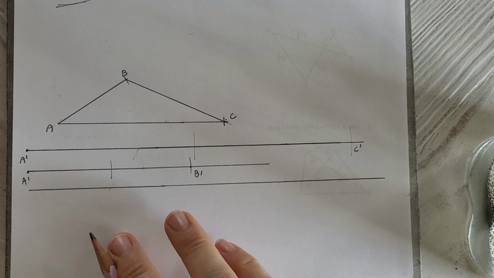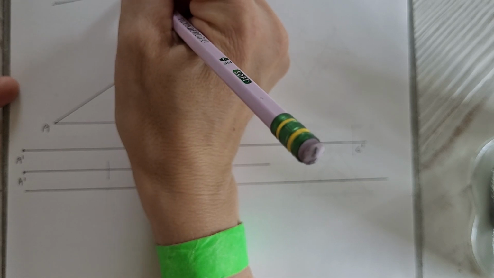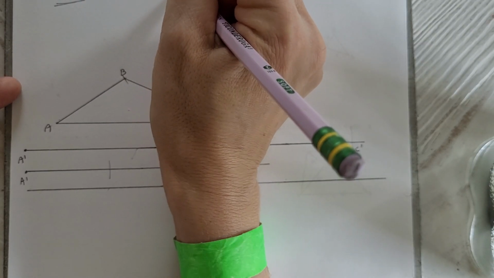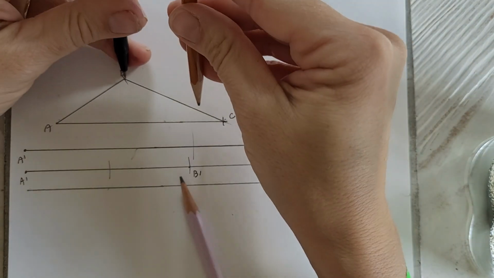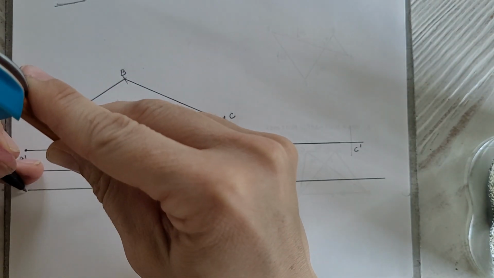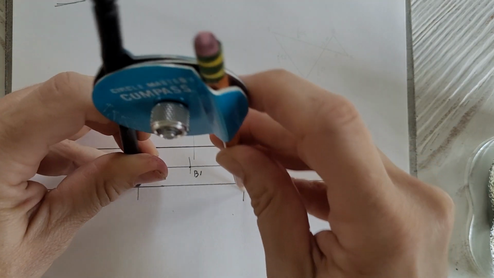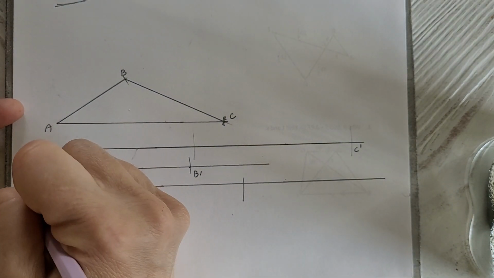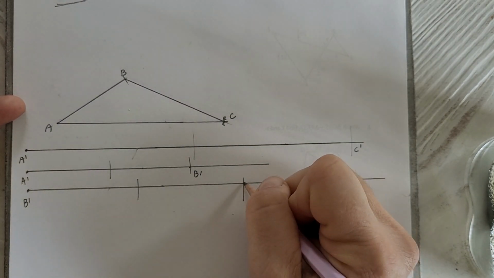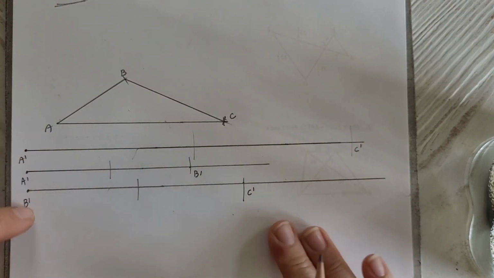Again, I'm using a scale factor of 2. And then here is B prime, C prime. So our goal is to create a triangle with these 3 segments.